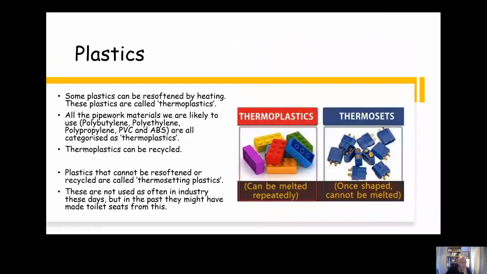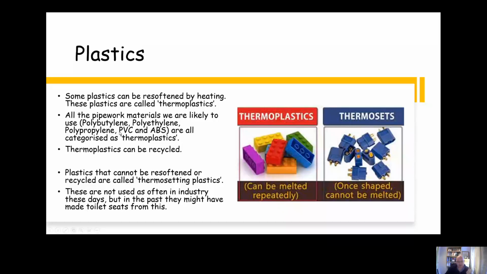Okay. Some plastics can actually be resoftened by heating. They can be melted back down and recycled. This category of plastic is called thermoplastics. All of the pipework materials that we're likely to use, like polybutylene, polyethylene, polypropylene, PVC and ABS, are all categorized as thermoplastics.